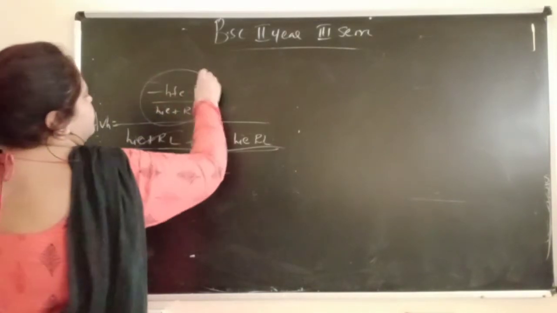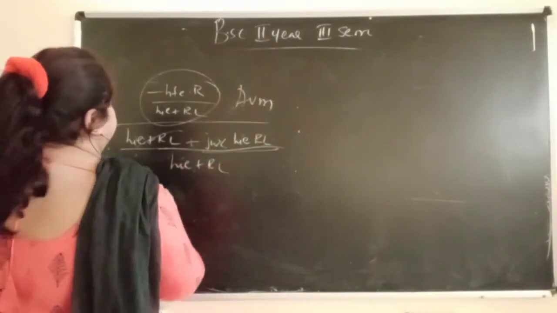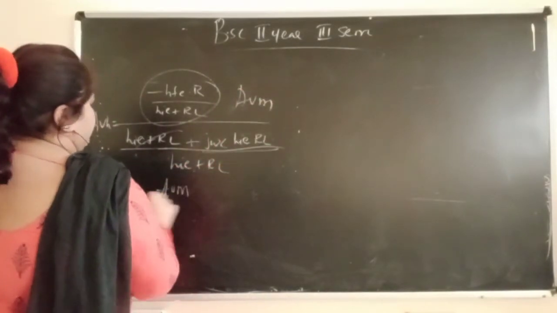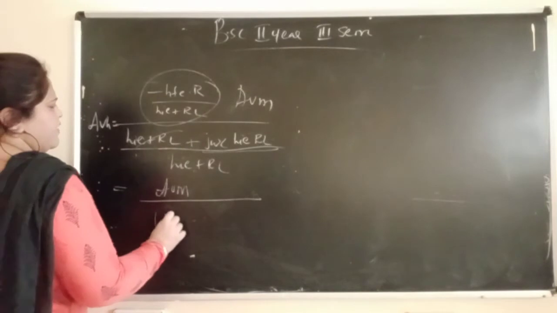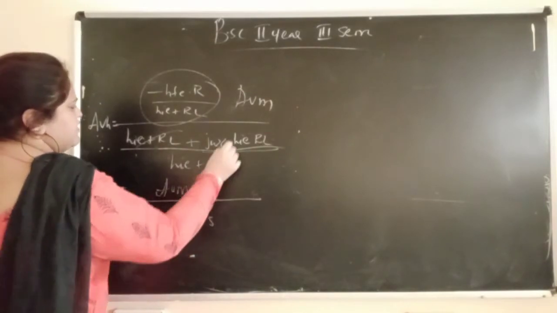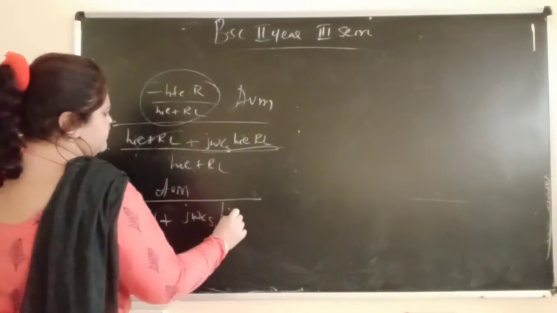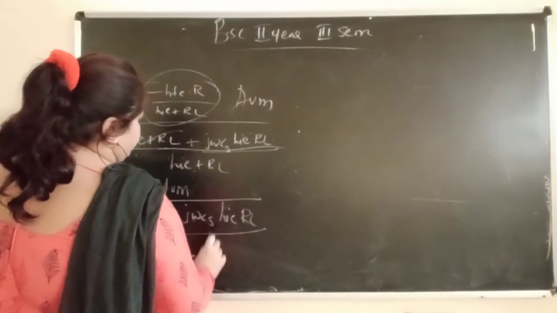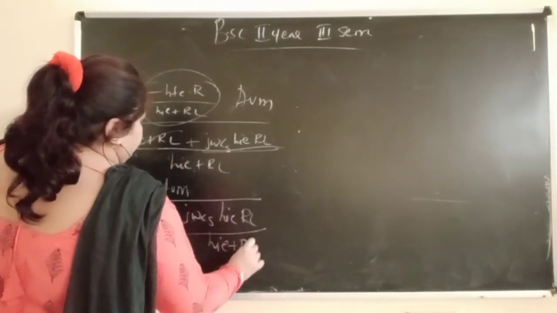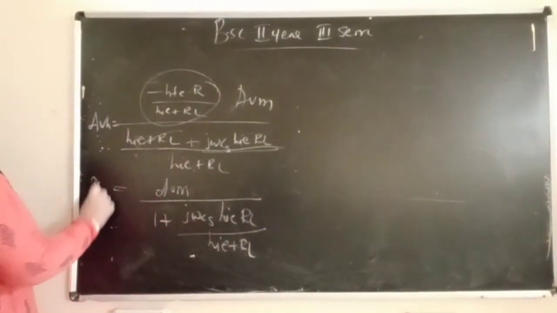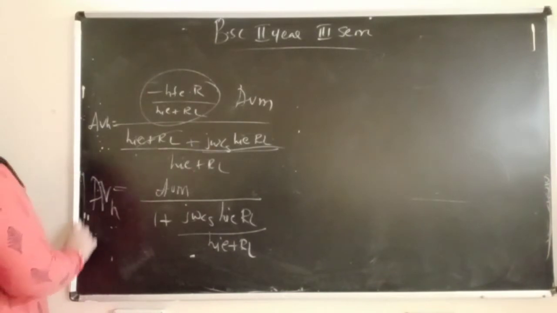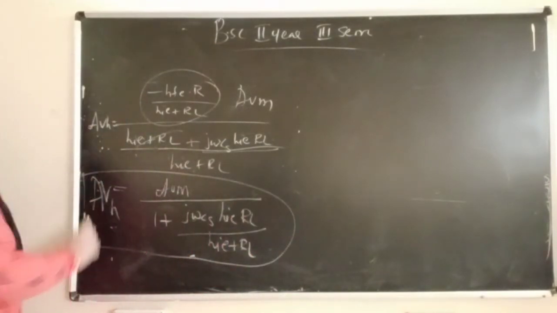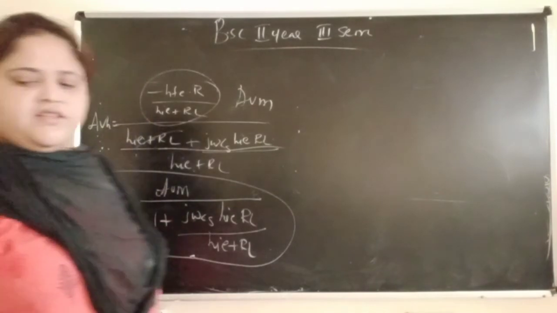This will be AVM, the middle frequency, and this will be 1 plus j omega Cs, shunt capacitor, HIE RL by HIE plus RL. This we got for AVH. The AVH equation is this. Finally we got the AVH equation.